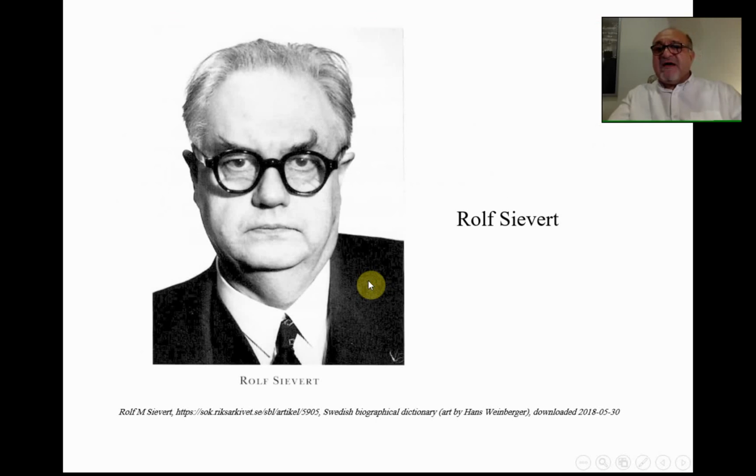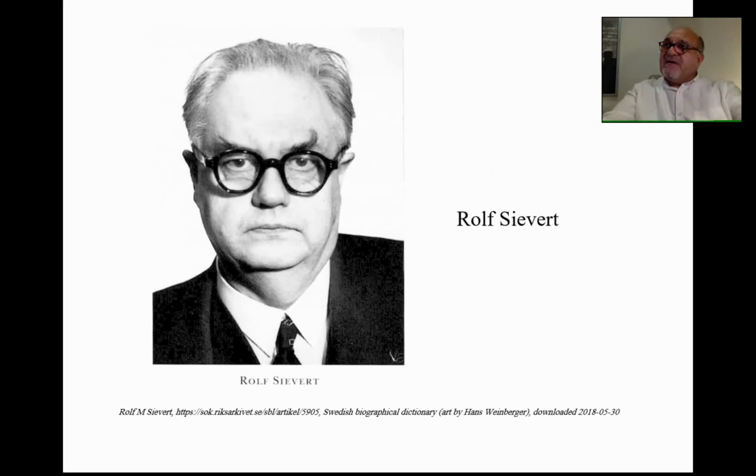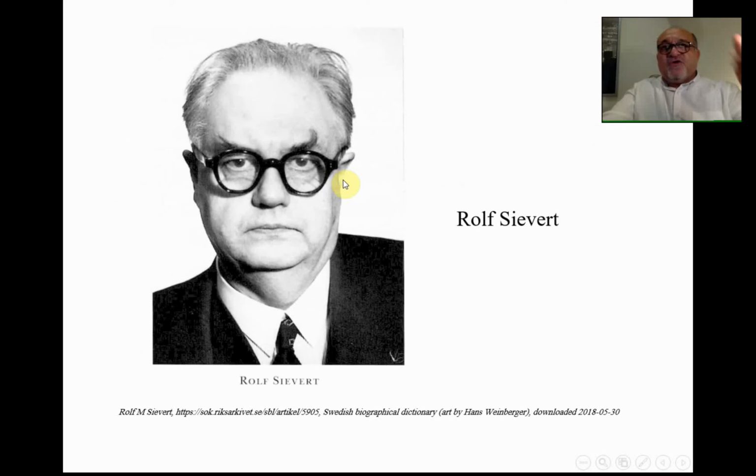And this is Professor Sievert, after whom the unit for the equivalent dose, the sievert, was named. So now we're dealing with 3 measurements: Röntgen, gray, and sievert. Now let's understand the relationship between those.